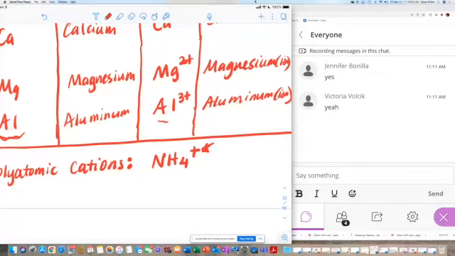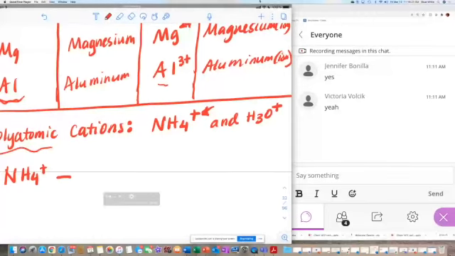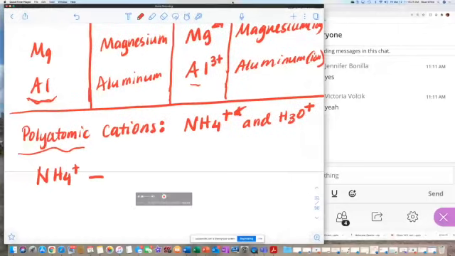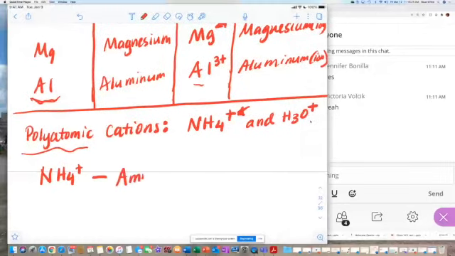So you have NH4 plus and H3O plus. These two, NH4 plus, it's not an element, so you cannot find it in the periodic table. It is polyatomic. Oh, I just realized the screen is partially obscured. It's polyatomic, right? So this is just named ammonium.